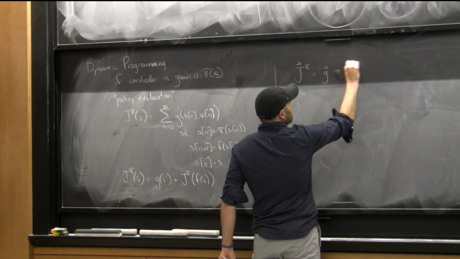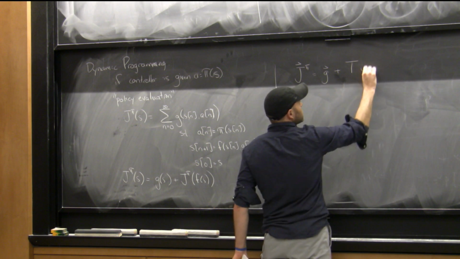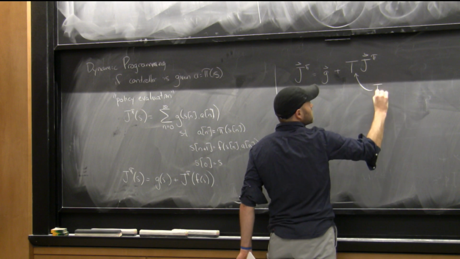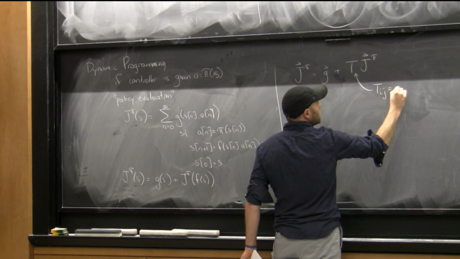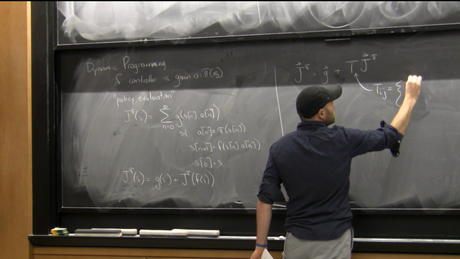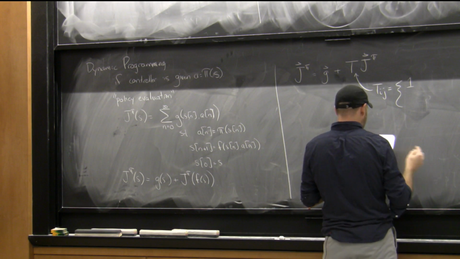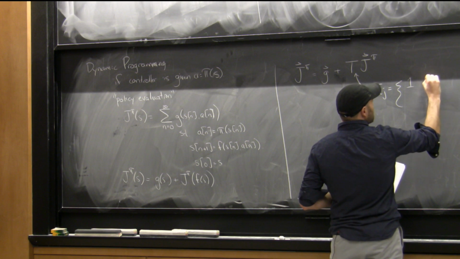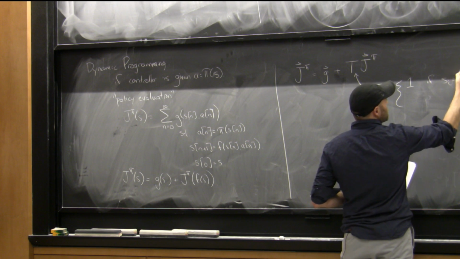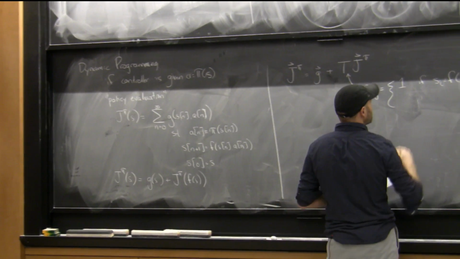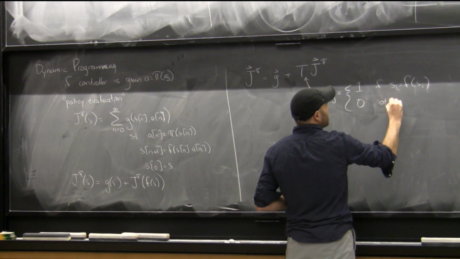That's some transition matrix times the vector J again, where this thing Tij is 1 if Sj is f of Si, because you want the next one, yeah, and 0 otherwise.